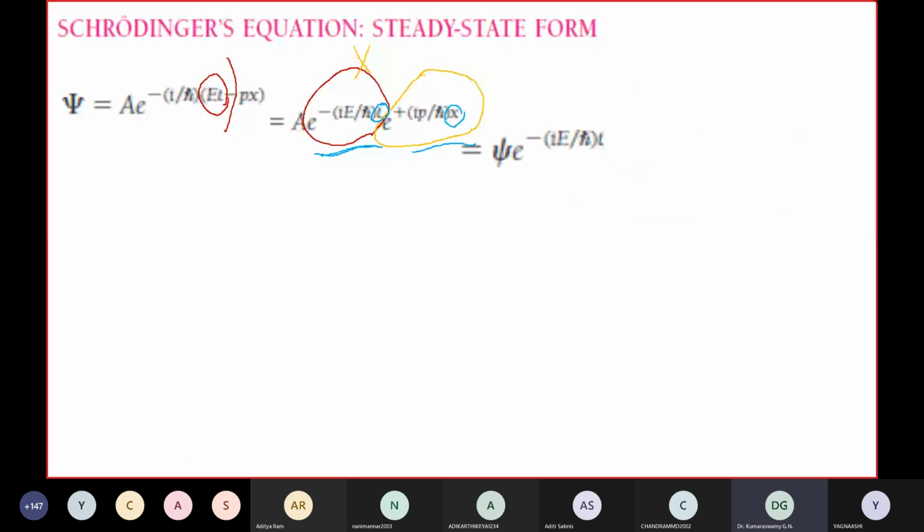So now we'll rewrite this. All this A and this time part put together, let us call it by a different symbol, psi. We also call it psi only, but the symbol is slightly different.